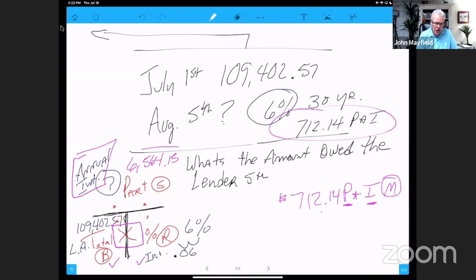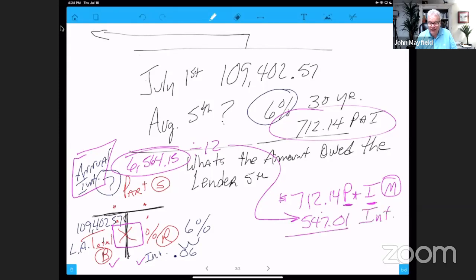So if we know what the annual interest is, if we divide that by 12, we should get the monthly interest, right? We know the annual interest, so we divide by 12, we know the monthly interest. So when I divide this by 12, it gives me $547.01. And that is your monthly interest.